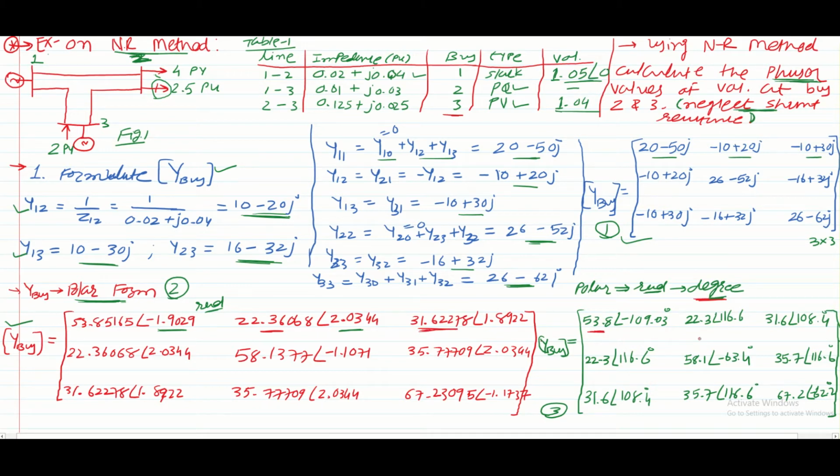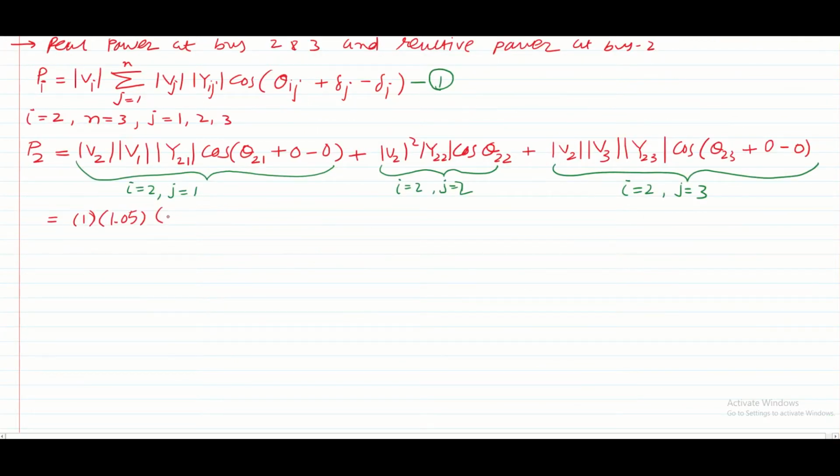Due to lack of space, I will only consider one digit after the point, but you need to consider the whole value after the point. So here the value of Y21 is 22.36068, which I will consider over here, into cosine of angle theta 21.